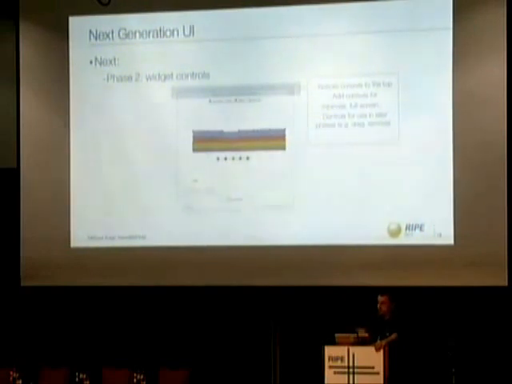to the user interface. The next step in improving the widgets will be that we add controls to each of the widgets, and we would like to do it on the top of the widget.